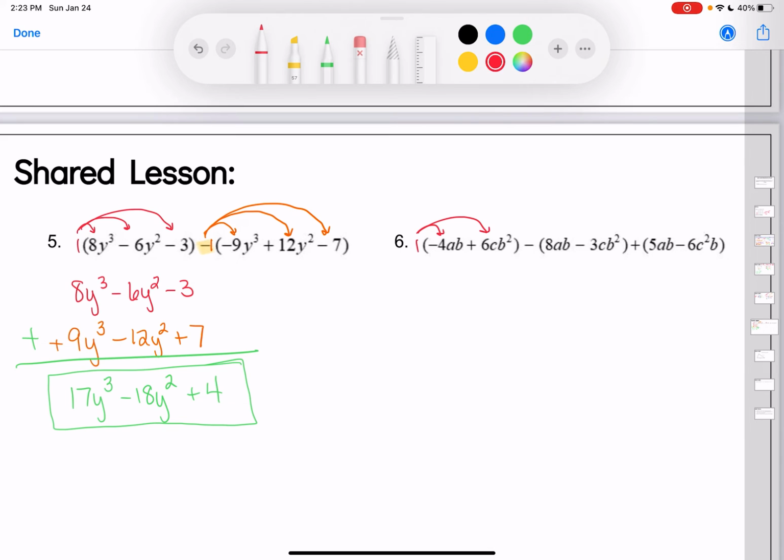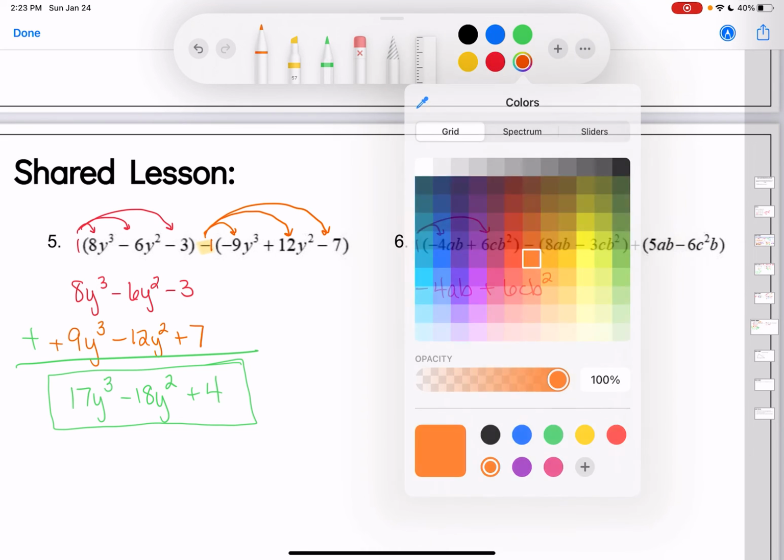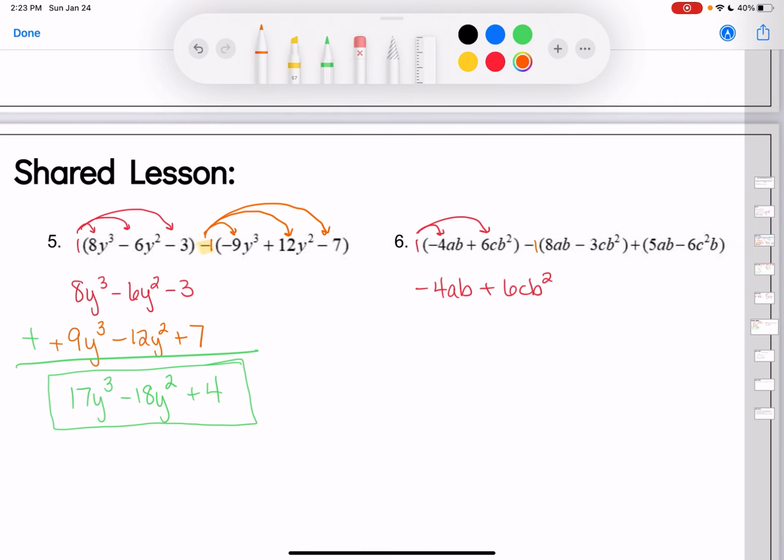Now I notice, cb squared, that has a bigger degree, but maybe I'm not going to worry about that so much right away. Let's just keep it in the same order so we don't get ourselves too confused. Okay, but if you wanted to write it in degree order right away, it wouldn't be a bad idea. All right, now here I'm distributing my negative 1, right? So be careful.